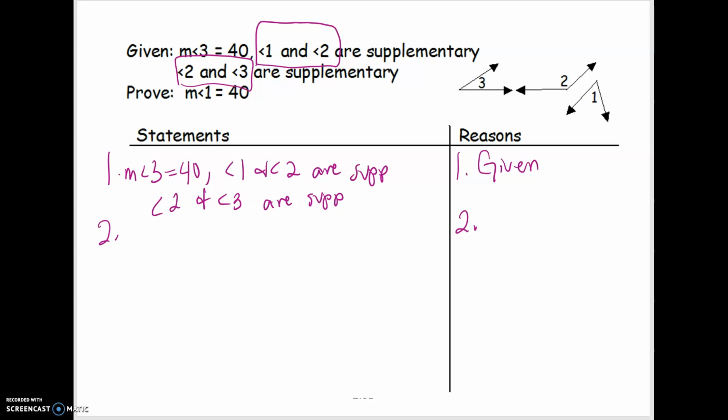Okay, so what's shared between those is angle 2. Okay, so just like thinking, remember, it's like transitive, it's a different theorem, but it's like transitive. So we're going to make a statement out of what is left. Okay, so that's going to be the measure of angle 1 is congruent to the measure of angle 3. Okay, that is my congruent supplements theorem.